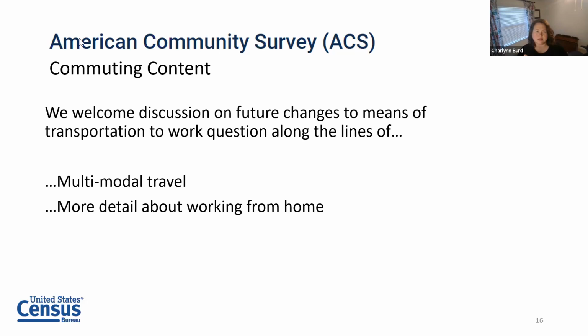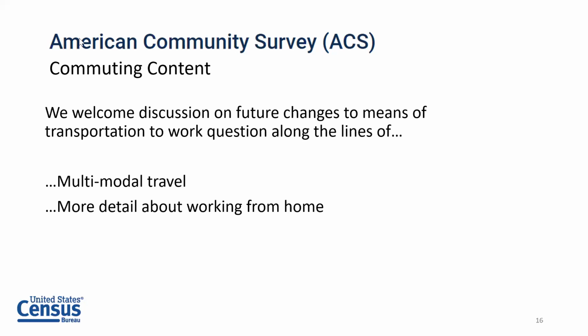Okay, let's see. And hey, this is Brian. I'll just jump in and say, as Charlene mentioned earlier, working from home is currently wrapped up in the other travel mode. So whether somebody works from home, in other words doesn't commute, or they hop on some mode of travel and commute to work, that's all captured in the same question currently. And we understand that that's not necessarily ideal.